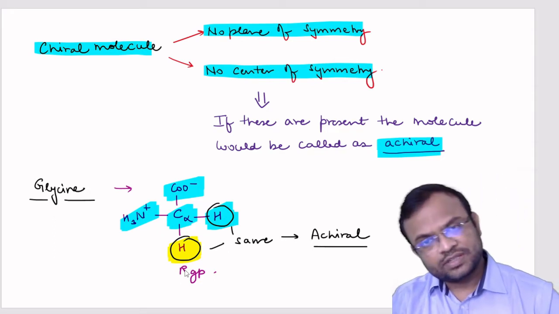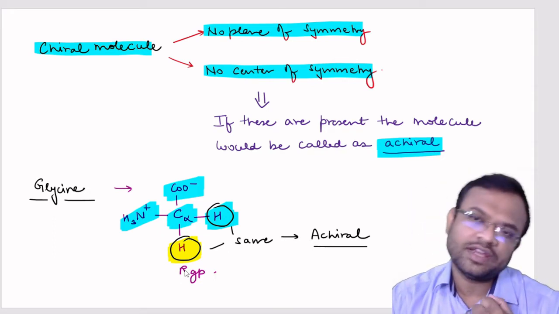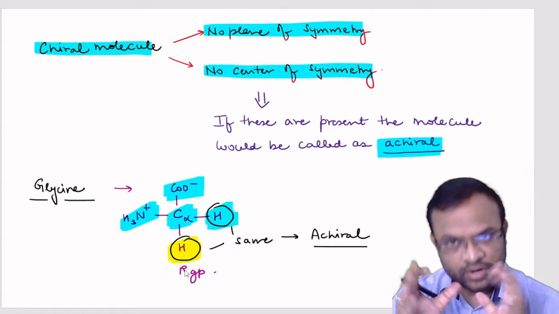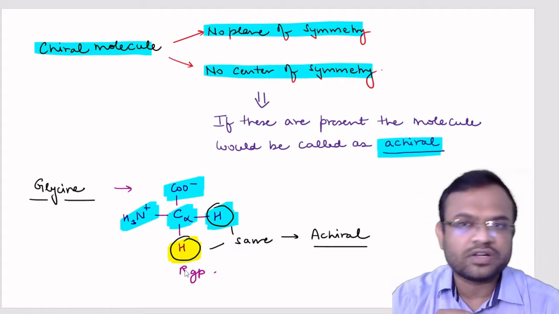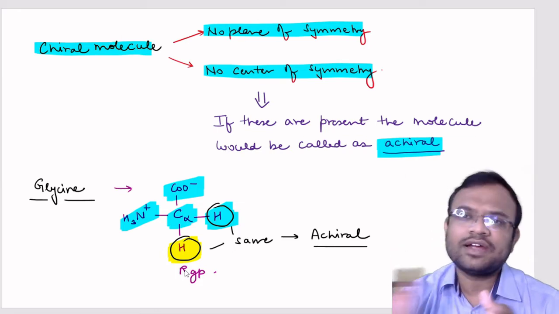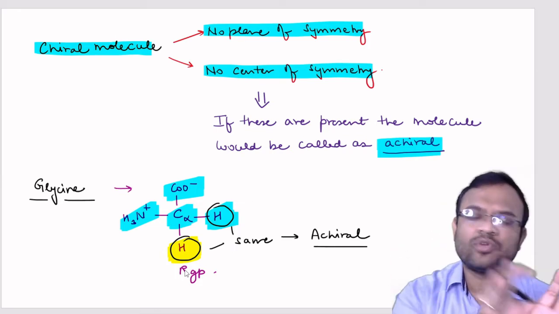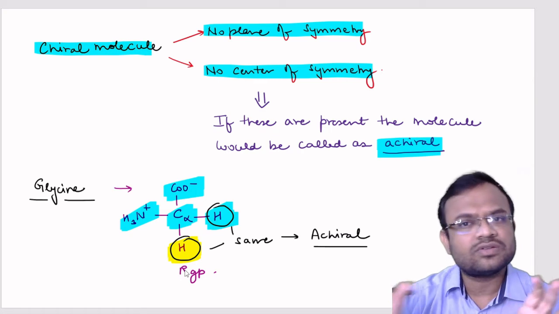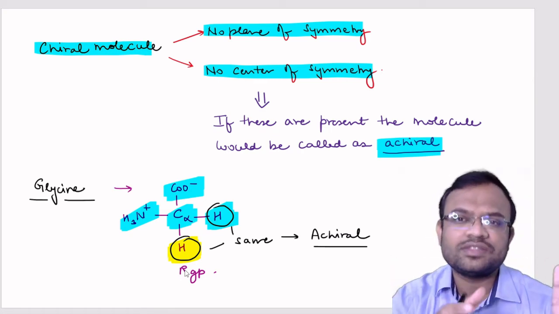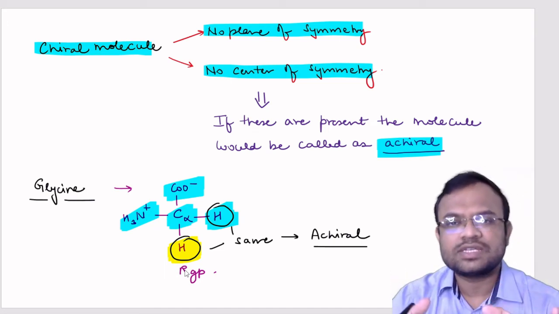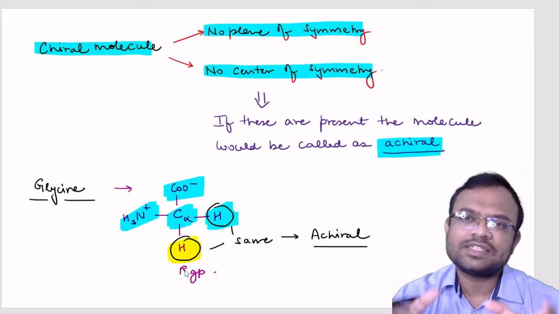That means the condition that we had just studied, where we said that on a particular carbon all the elements attached should be different, right? That condition has been broken, or is not fulfilled over here. So if the condition is not fulfilled, you will consider this carbon as achiral.